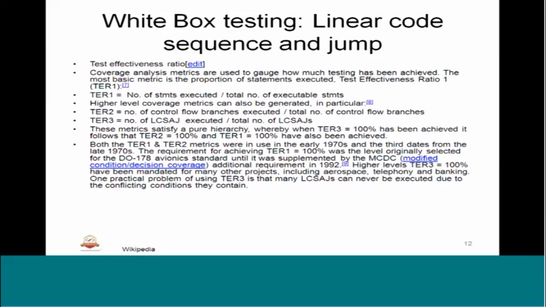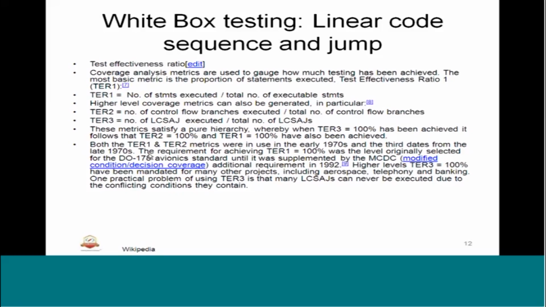Both the TER1 and TER2 metrics were used in the 70s, and the third dates from the later 70s. The requirement for achieving TER1 100% was the level originally selected for DO-178B. They used to mention these levels of testing, TER1, TER2, TER3, based on the safety and criticality of the embedded software.